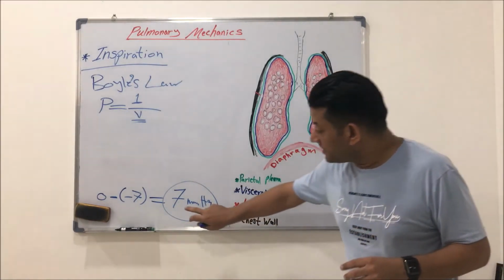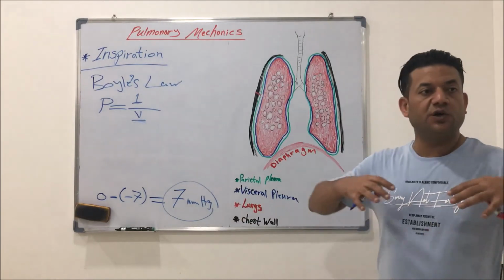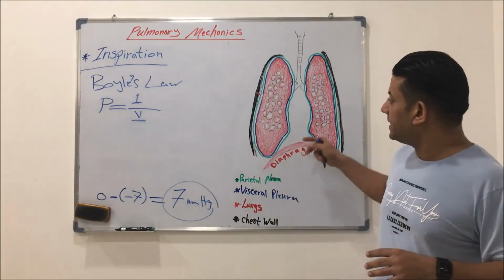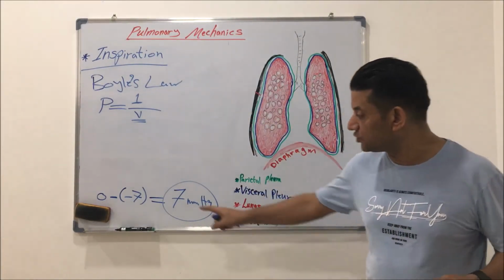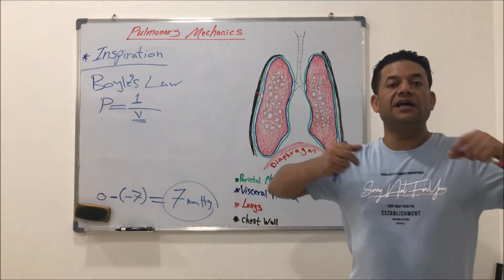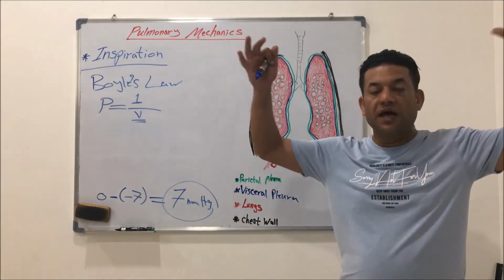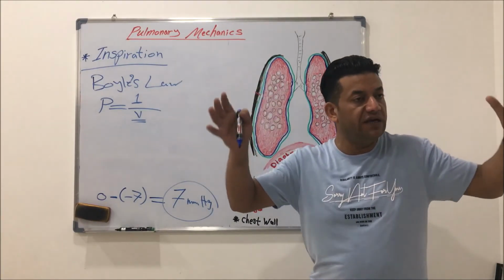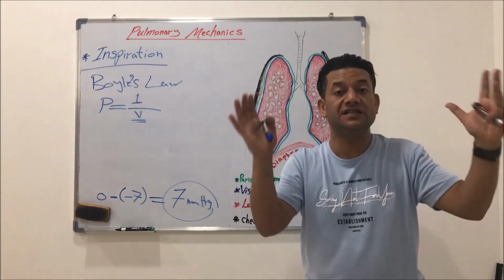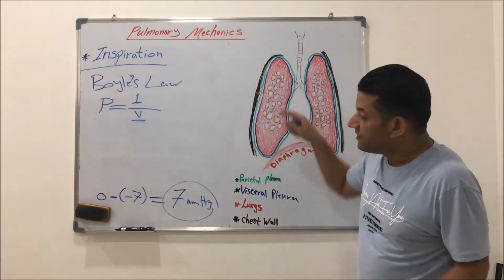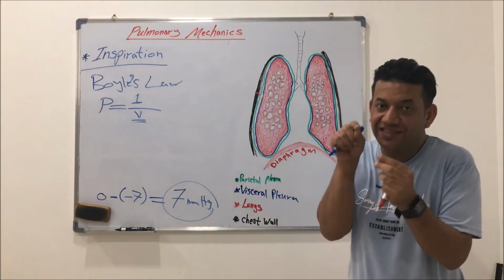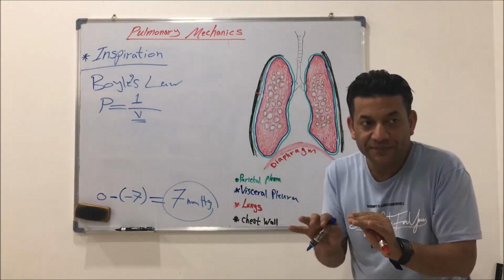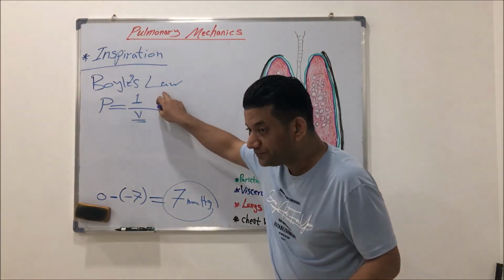So by this pulling force of the chest wall, when the transpulmonary pressure reached 7, the lungs have been pulled, and the alveoli have also been pulled out and increased in size. So the pressure inside the alveoli decreased because of Boyle's law.